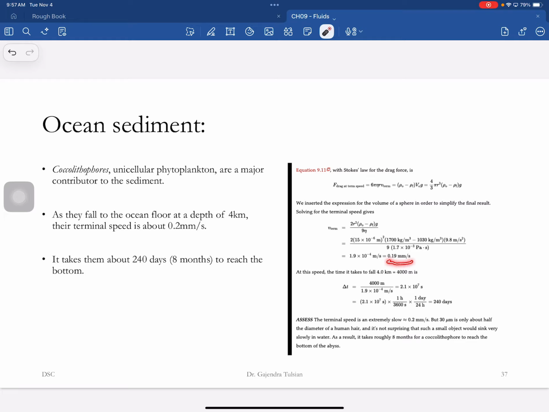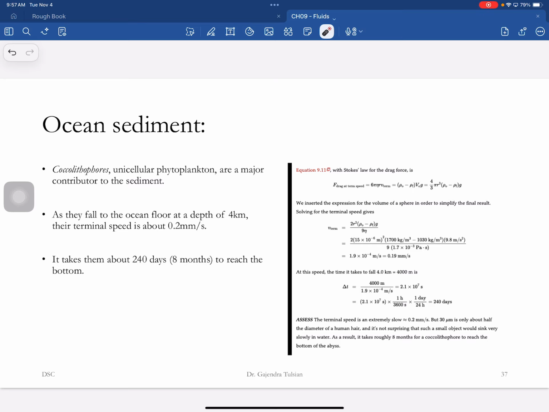0.2 millimeters a second. So when these phytoplankton fall, it takes them 5 seconds to drop 1 millimeter, and about a minute to drop 1 centimeter. They're falling that slowly, and they have to go from here to US 1.